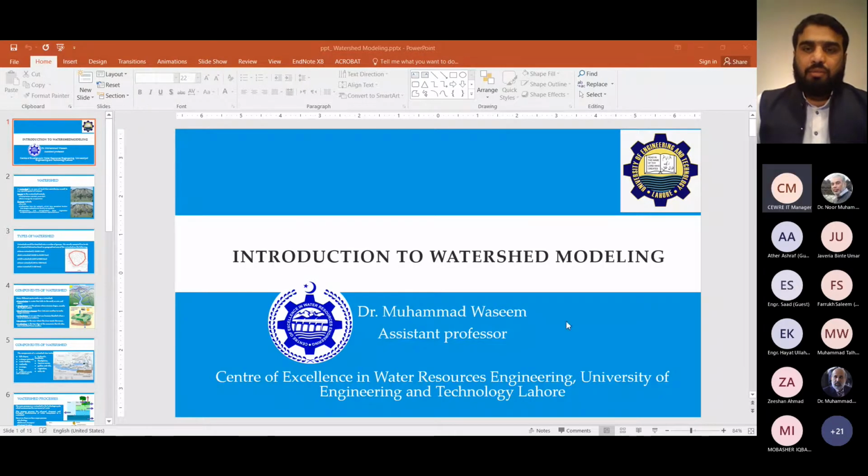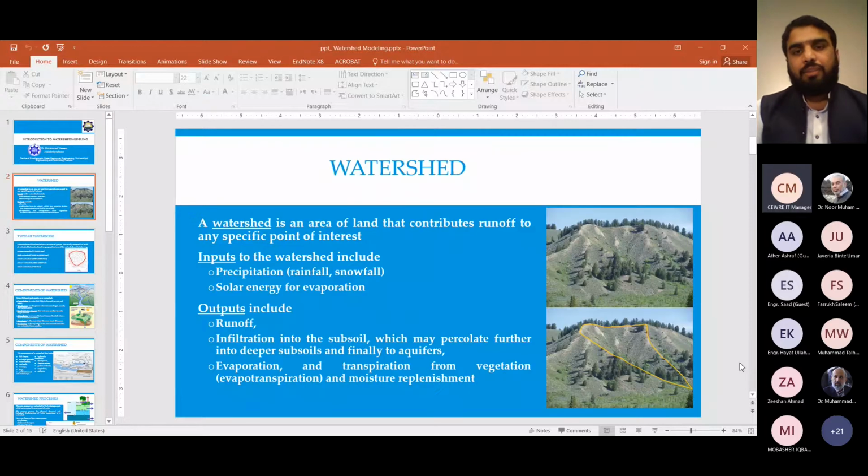As we know, a watershed is the area of land that can contribute runoff to any specific point of interest. As you can see in the picture on the right side, here is the land area, and we have the point of interest at the end of the yellow line.